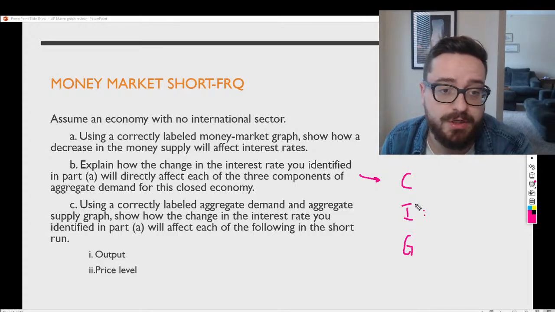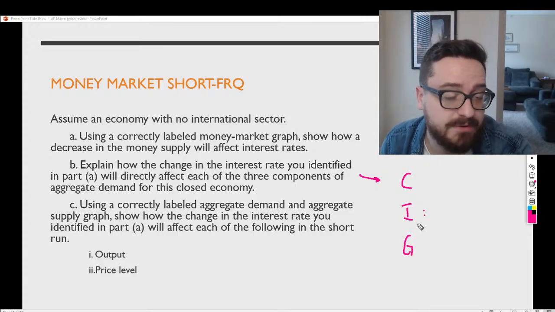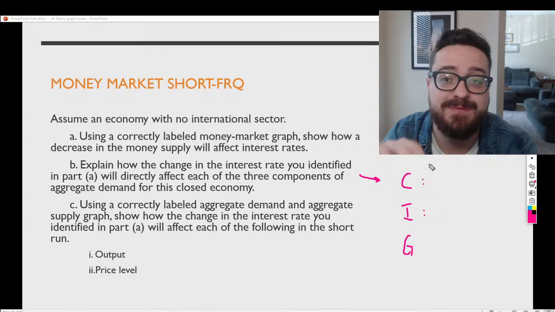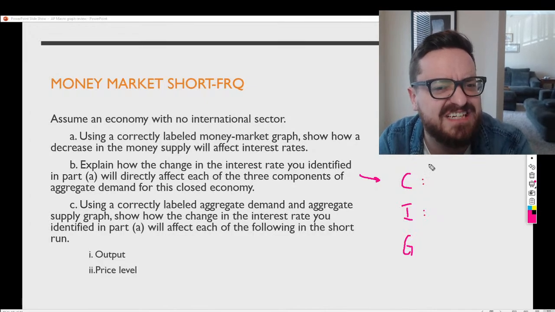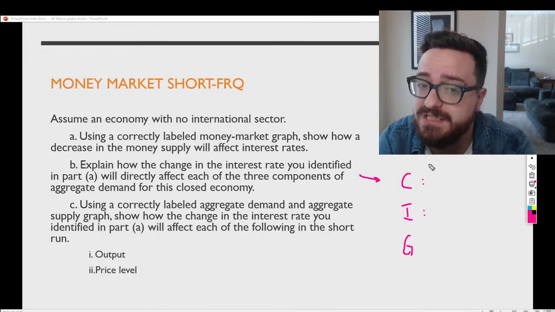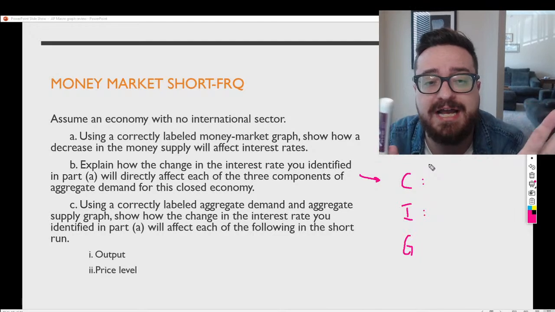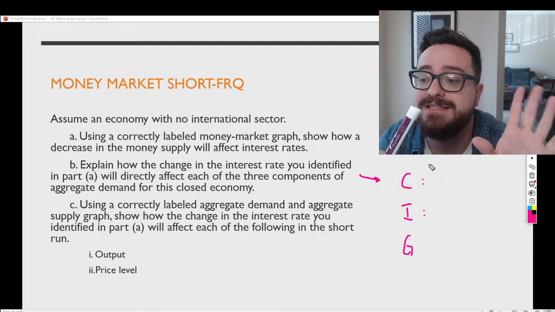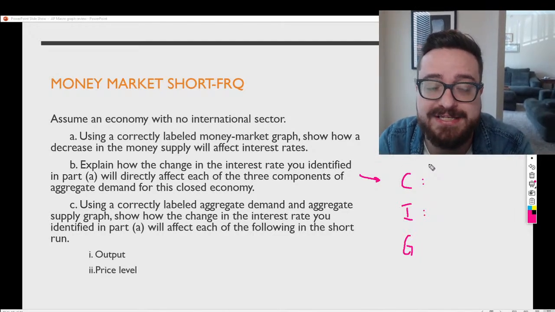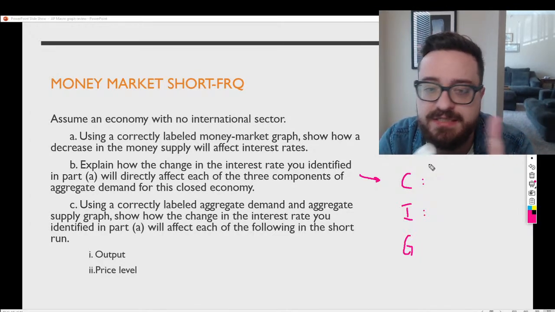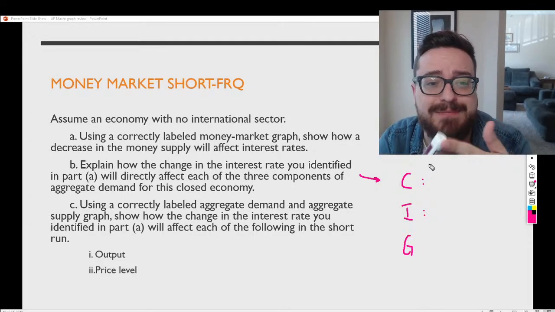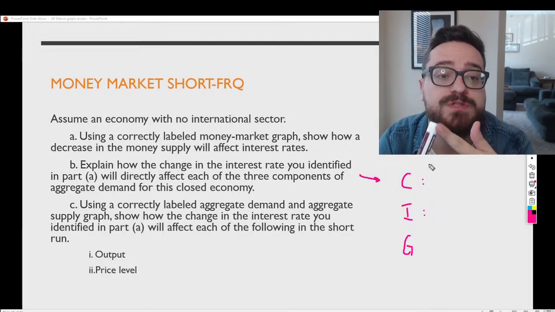Now, you should instantly be able to explain the investment spending one. Luckily for you guys, the investment and the consumption spending one are kind of the same, and frankly, so is the government one, because the reason why high interest rates will decrease your aggregate demand, because that's what it does, it decreases AD, is because, and it's the same explanation for all three of them, a higher interest rate makes loans more expensive.